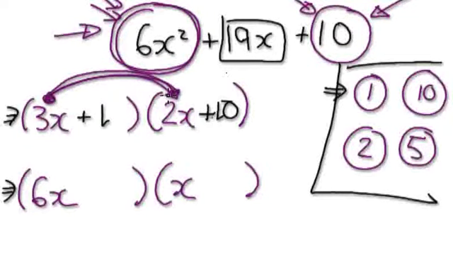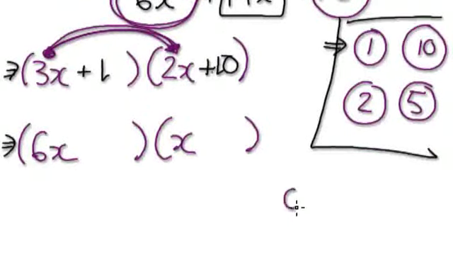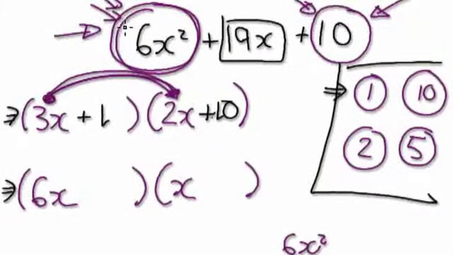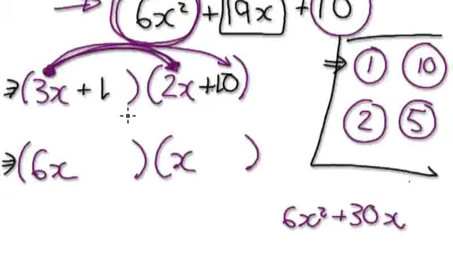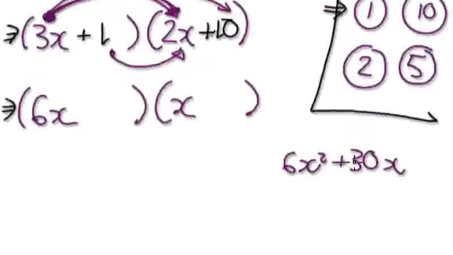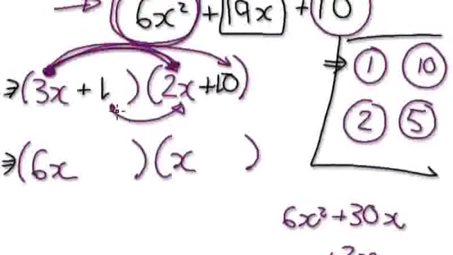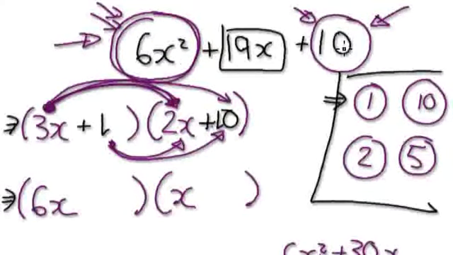So this times this here will give you 6x squared, which is what we wanted. Now it's the 3x times the 10 here. That will give you 30x. Then this times this here would give you a positive 2x, plus the 30x, and then this times this here will give you the obvious 10.